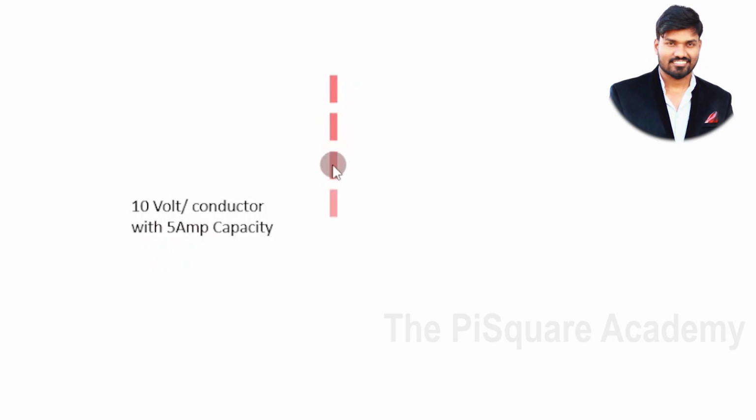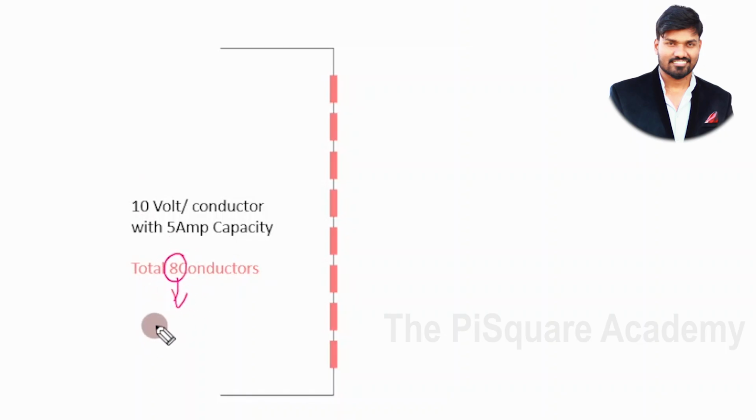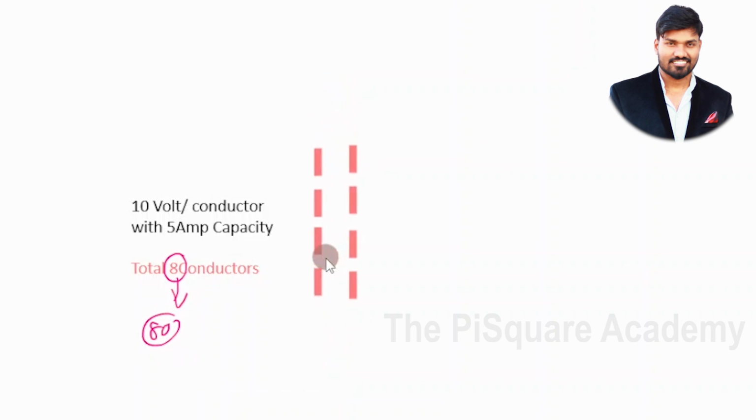If I connect conductors in series, I have 8 conductors connected in series. So what is the total induced EMF, tell me? Yes, 80 volts. Now I'm changing the connection slightly.